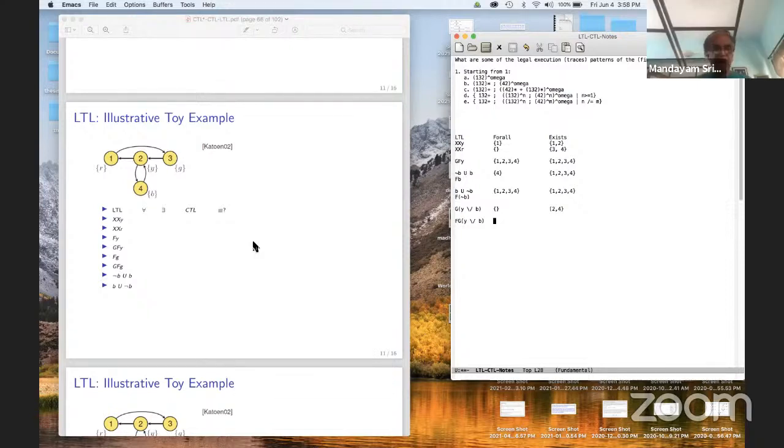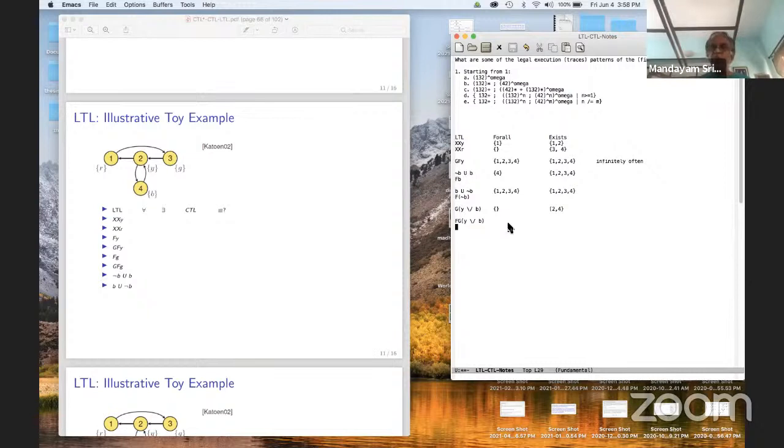No, give me some path. See, this is a special kind of property, just like the property G of F of Y was something infinitely often. That's the term that's usually used. These are some interesting patterns that occur in practice, and that's why I'm giving names for this. Just like this is called eventually something happens, forever something bad never happens.